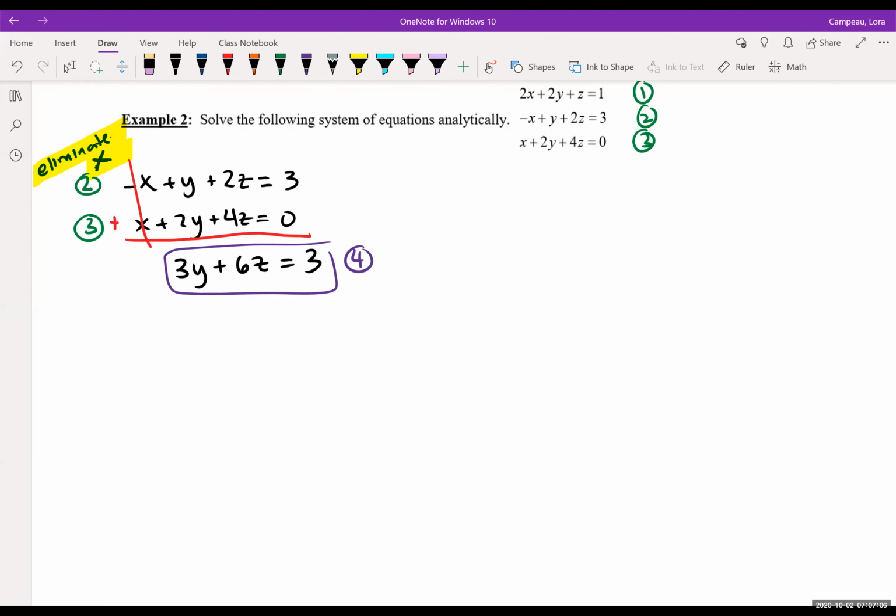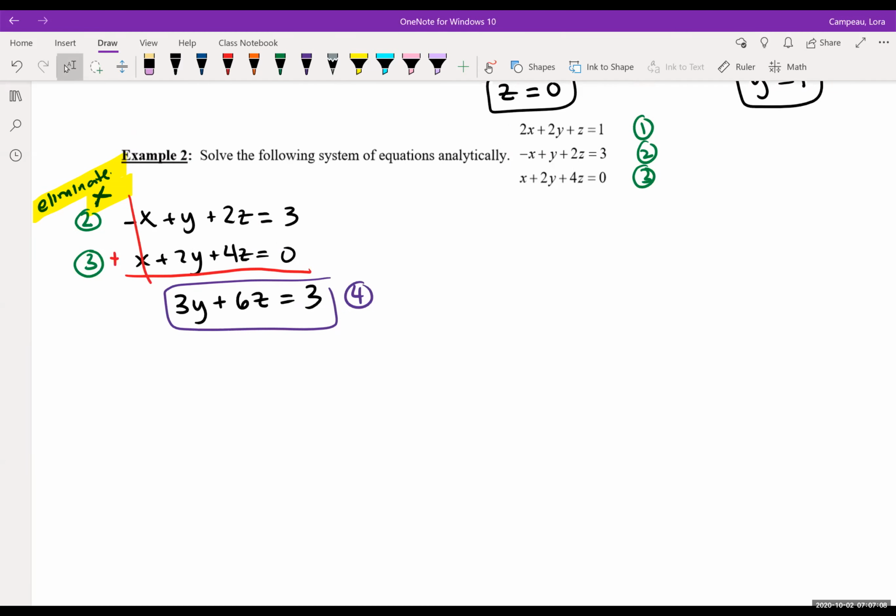Now maybe we can choose 1 and 3 or 1 and 2. I might do 1 and 2 because I already see that these signs are already opposites in a sense. So I'm going to choose another combo. And again, I'm going to remind myself that I'm eliminating x on another pair.